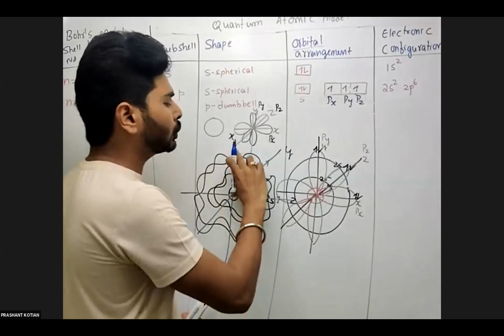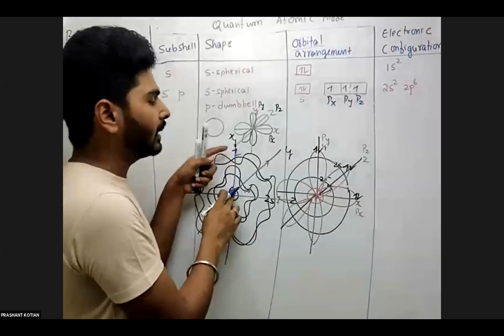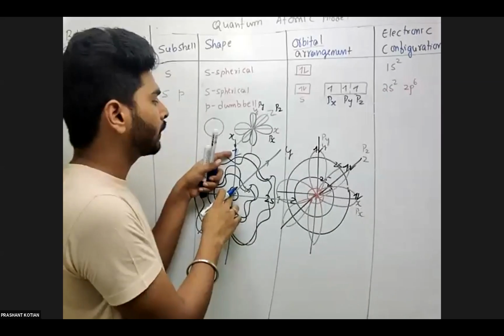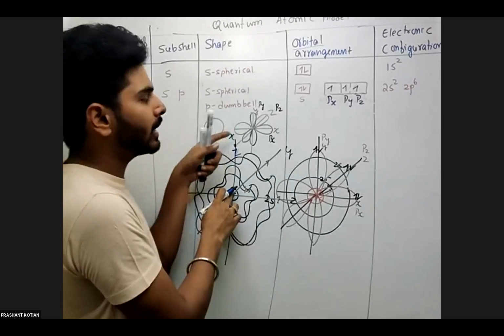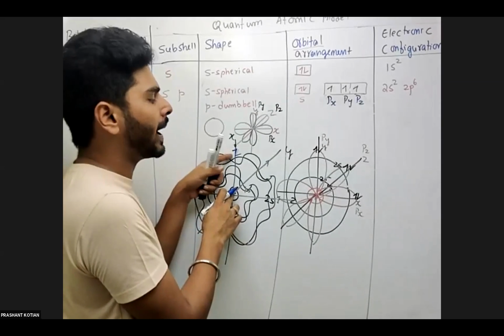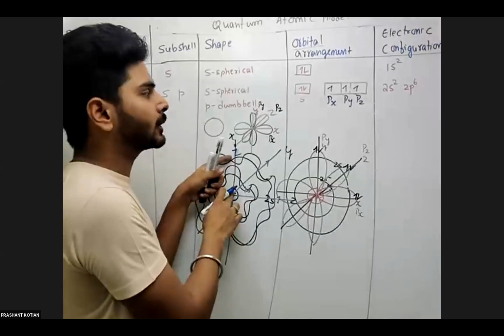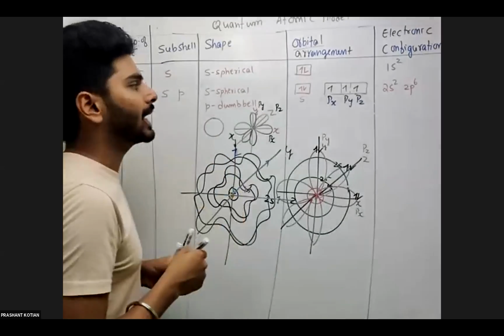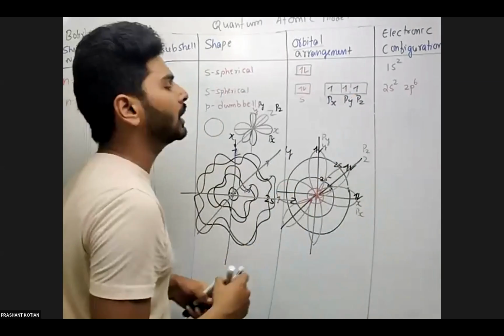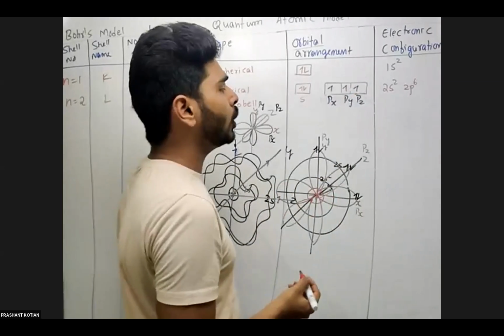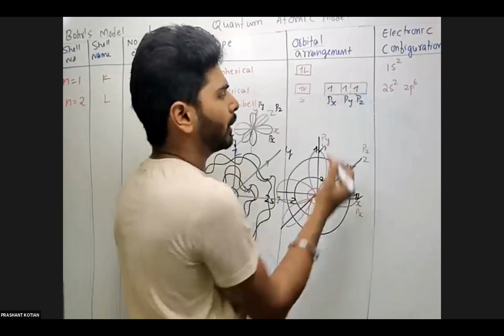It will make sure that the distance is the smallest possible. So it can go separately, it can rotate, or it can pair with the existing electron. So it will select this. So that's why once you fill one electron here, you have to pair them.